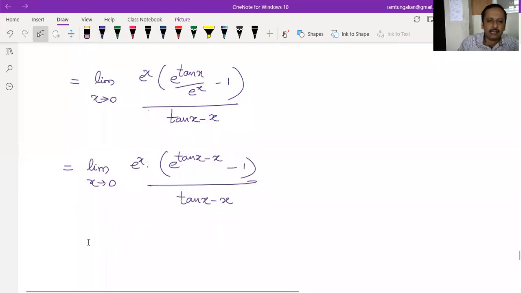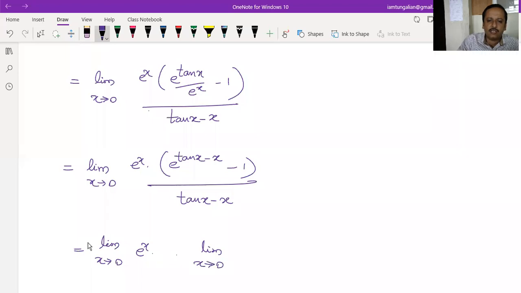I will write it in this way. I'll split this into two separate problems. Limit as x tends to 0 of e power x, into limit as x tends to 0 of (e power (tan x minus x) minus 1) divided by tan x minus x. See, when x approaches 0, tan x minus x will also approach 0.